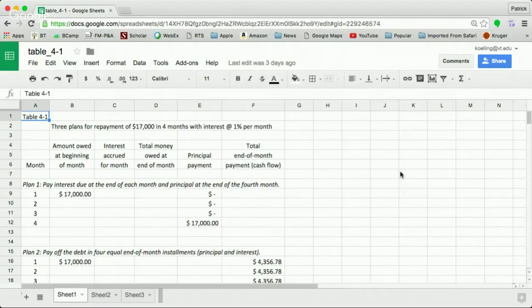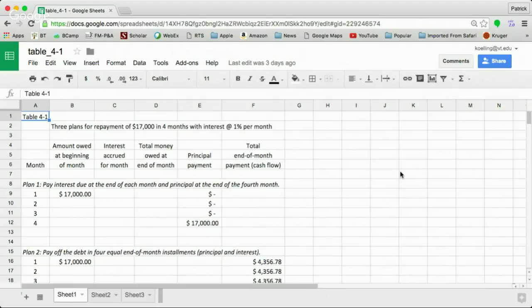So every month we'll be charged 1% interest. Plan 1 that we'll examine first is pay the interest due at the end of each month, and then we'll pay the principal, that is the amount that we originally borrowed, at the end of the 4th month.